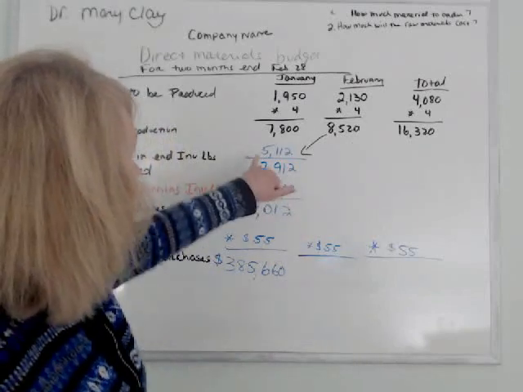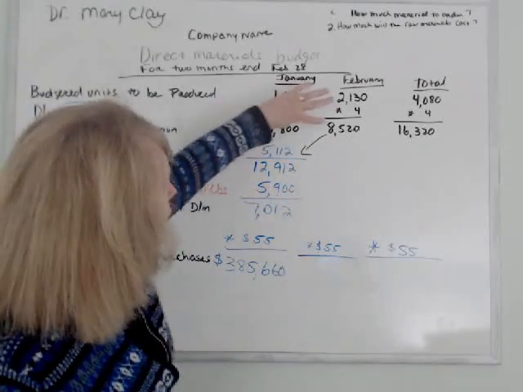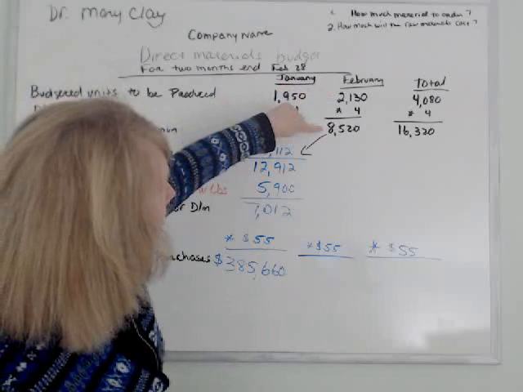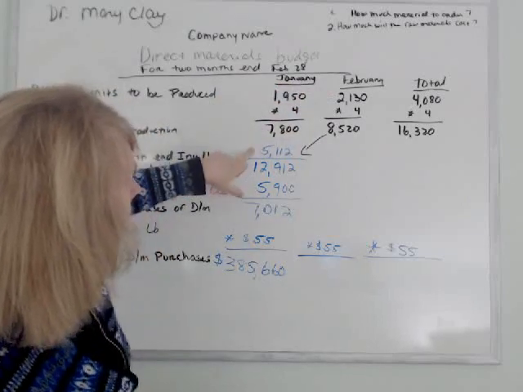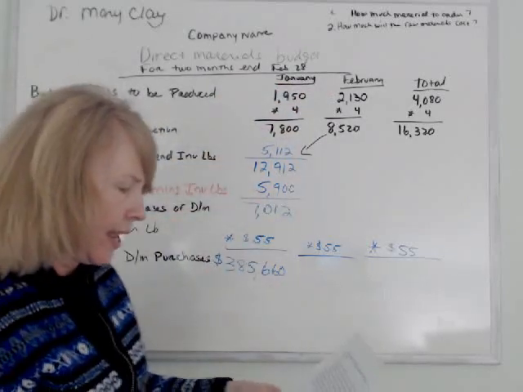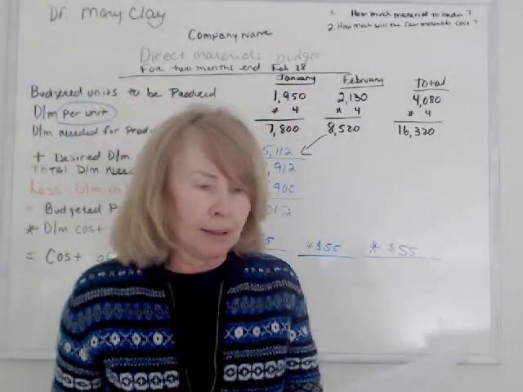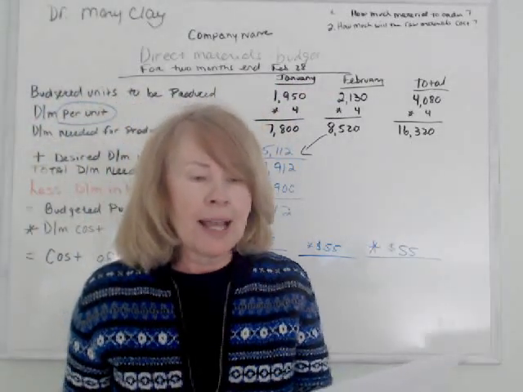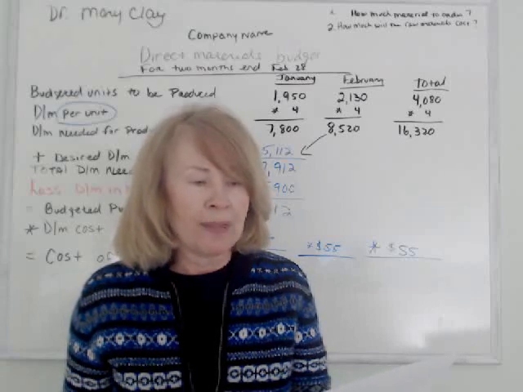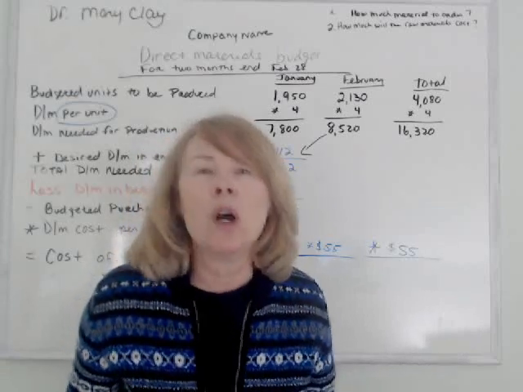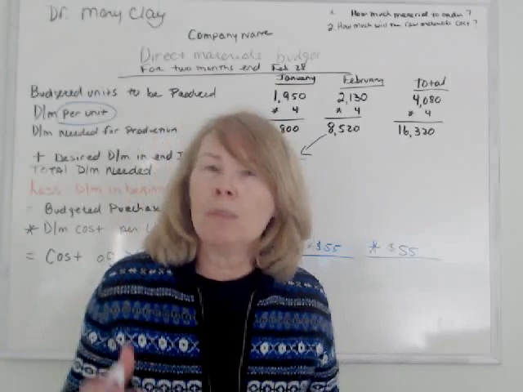For February, my needed production is 8,520, which I multiplied by 60% for January, but for February, it tells me this. The desired ending balance in February is 4,400 pounds. It won't always tell us that. Watch the problem.